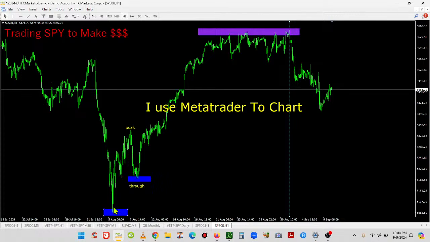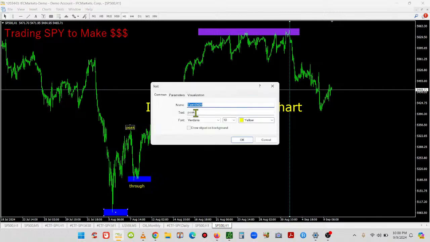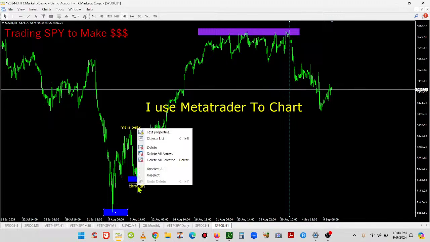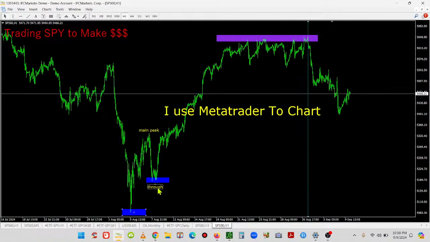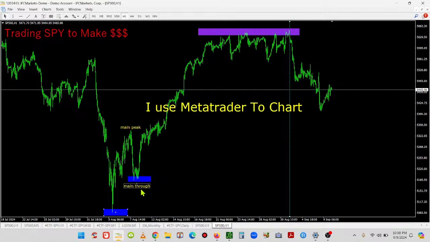So let's call this a main peak. Okay, we have a main peak there. And we have a main trough there.